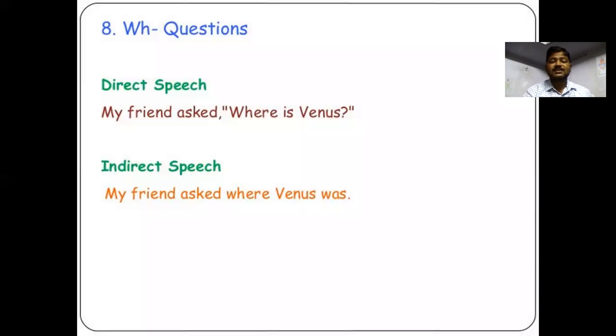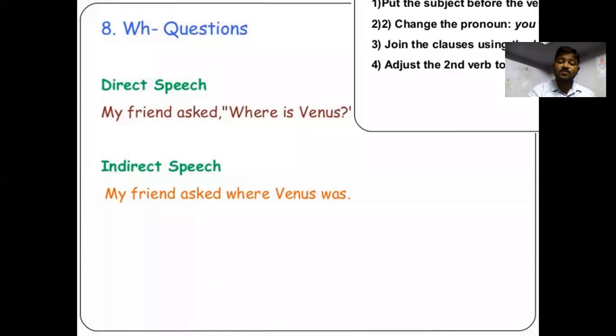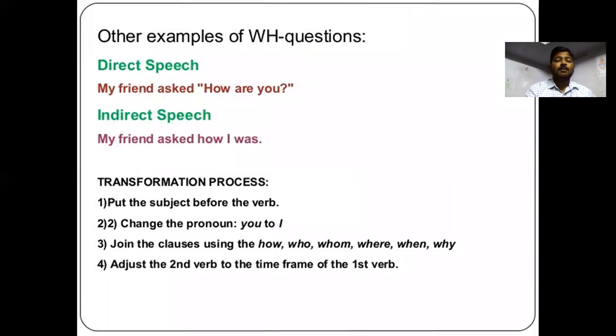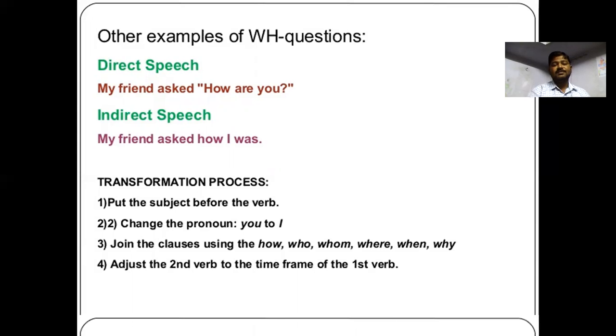My friend asked me, "Where is Venus?" My friend asked me where Venus was. My friend asked me, "How are you?" My friend asked me how I was. In the transformation process, put the subject before the verb and change the pronoun: you becomes I. Join the clauses using how, who, where or when, and adjust the second verb to the time frame of the first verb.